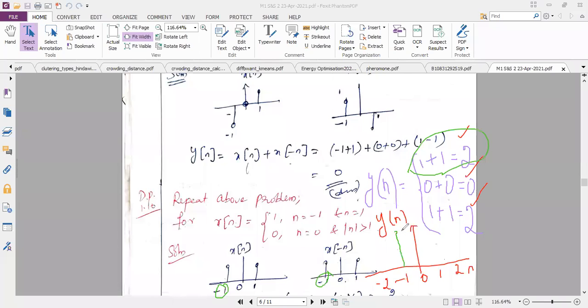So this is 2, and you make this 1 and this 2 on the y-axis. Similarly, at n is equal to 0, my amplitude is 0. And at n is equal to 1, my amplitude is again 2. Compared to the input sample height, your output sample height should be more because it is 2 now.